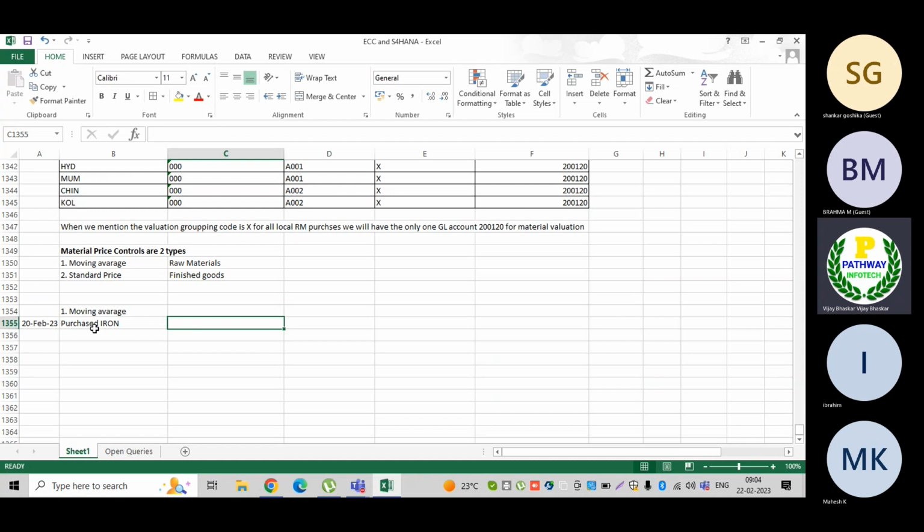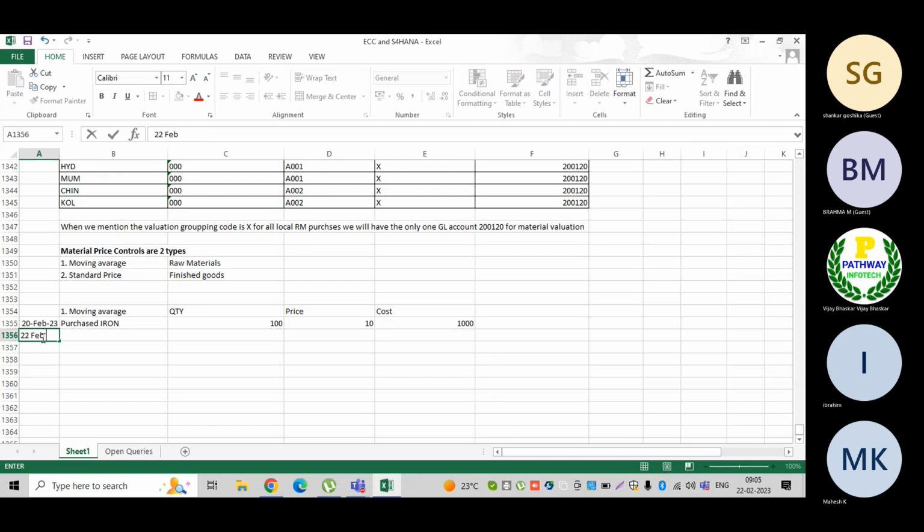It's 100 kgs, let us assume; I'll mention the quantity, then the price, 10 rupees per unit. What will happen here? 100 into 10, 1000 rupees is the cost.